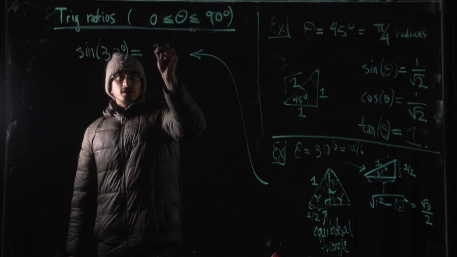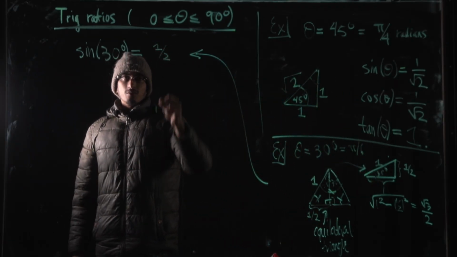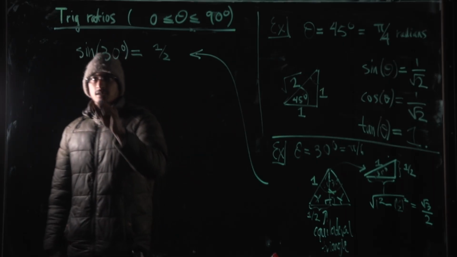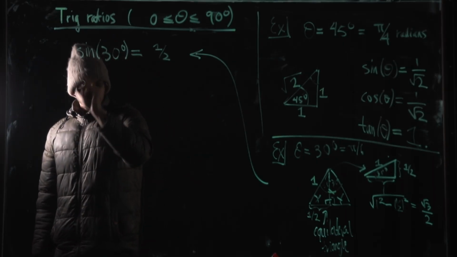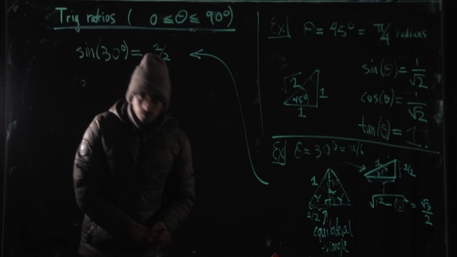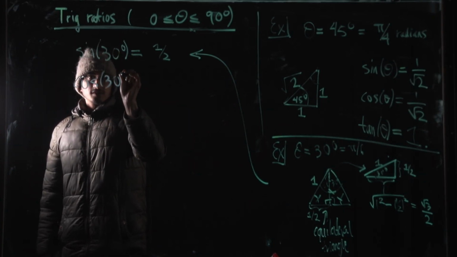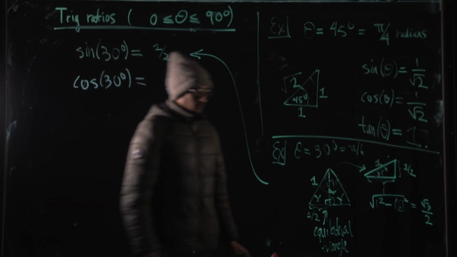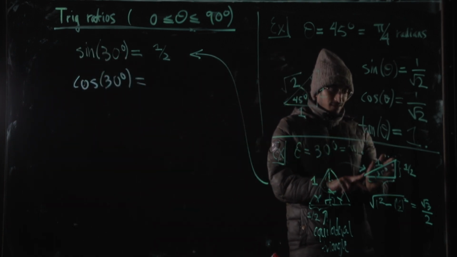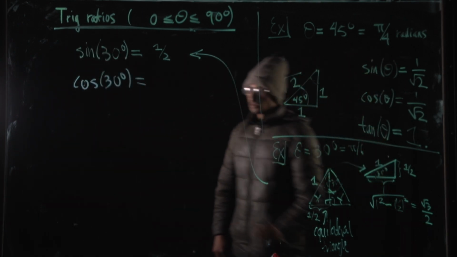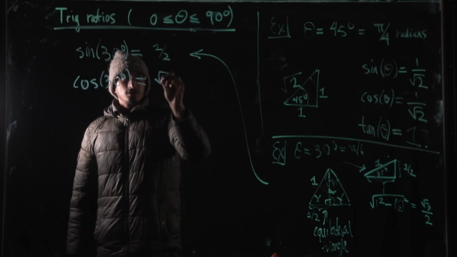So that's 1/2 divided by 1, which is 1/2. The cosine of 30, that will be the adjacent side divided by the hypotenuse. So that's square root of 3 over 2 divided by 1.